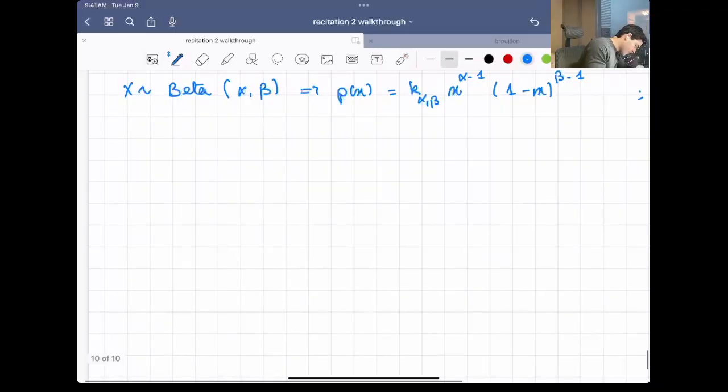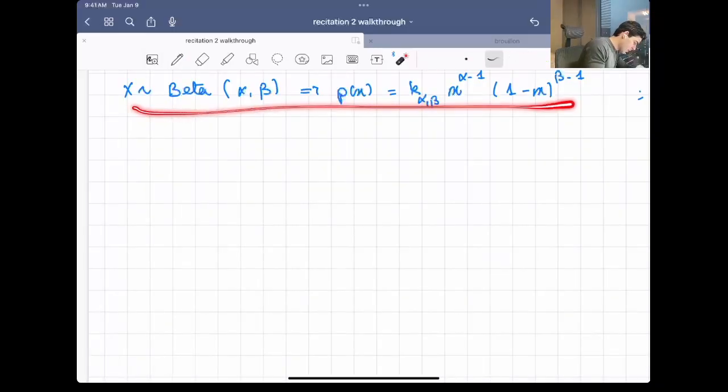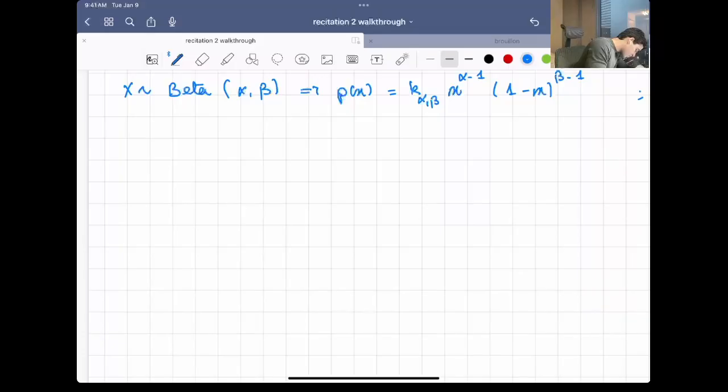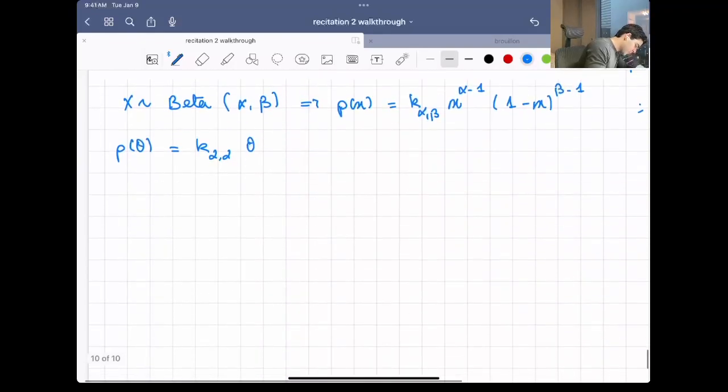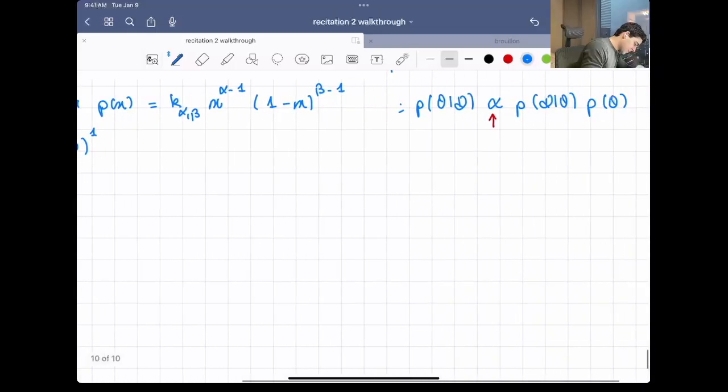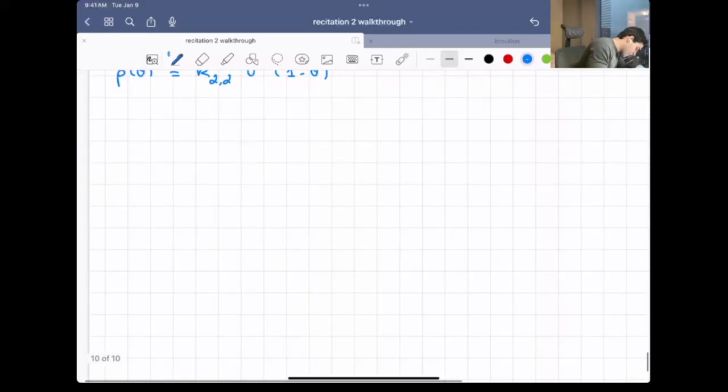Given what we just defined about beta distributions, the prior looks like some constant K22 times theta to the power alpha minus 1, 2 minus 1 is 1, times 1 minus theta, 2 minus 1 is also 1.